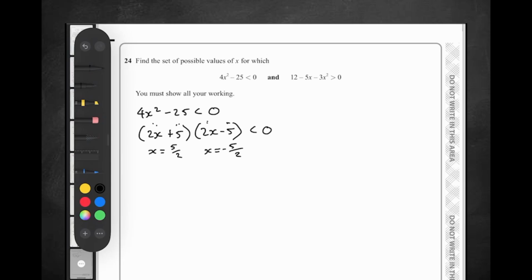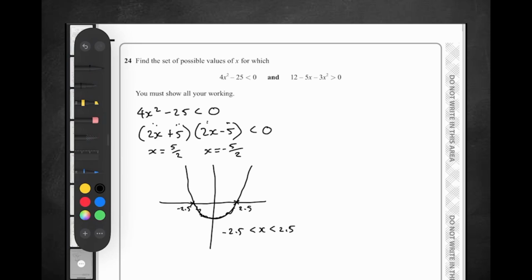2. So if I draw the graph very roughly, we'll just cross at 2.5 and minus 2.5, and it's going to be looking like this. I'll mark on here 2.5 and minus 2.5, and we know that x is going to be in this bit here, so we're going to write down x is greater than minus 2.5 and x is less than 2.5.